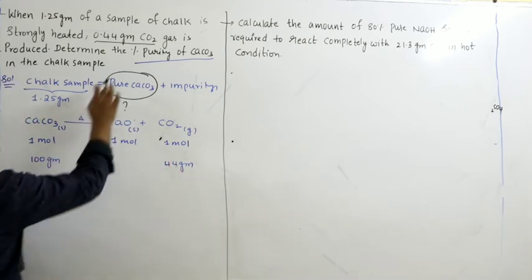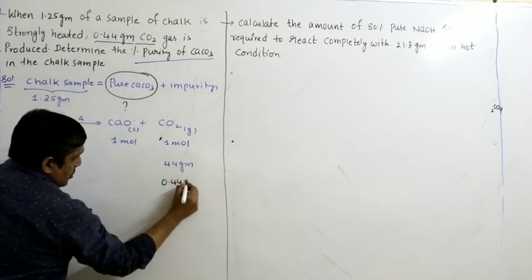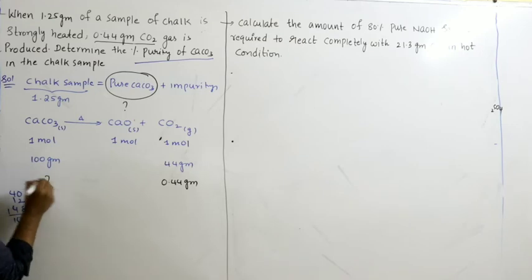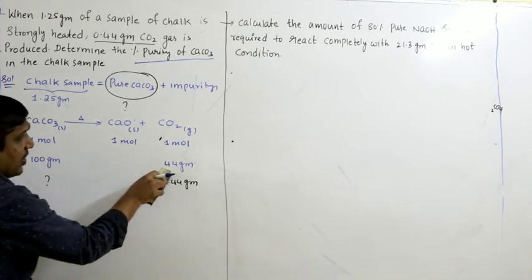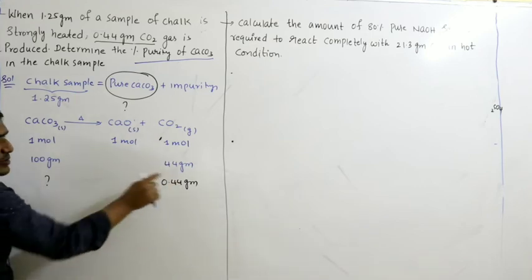But actually how many grams is it producing? It produces 0.44 grams. So how many grams of CaCO3 should be heated? To get 44 grams, you require 100 grams of CaCO3, but we have only 0.44 grams of CO2.